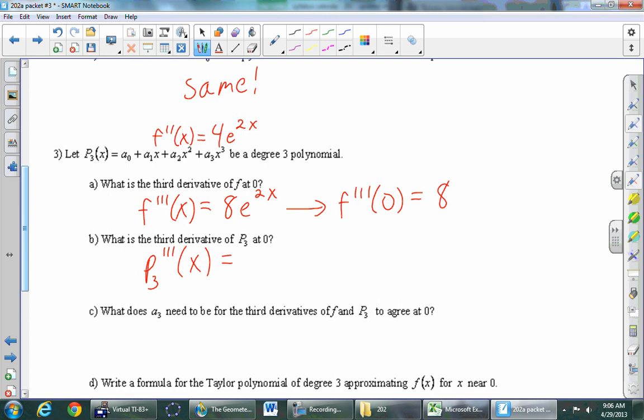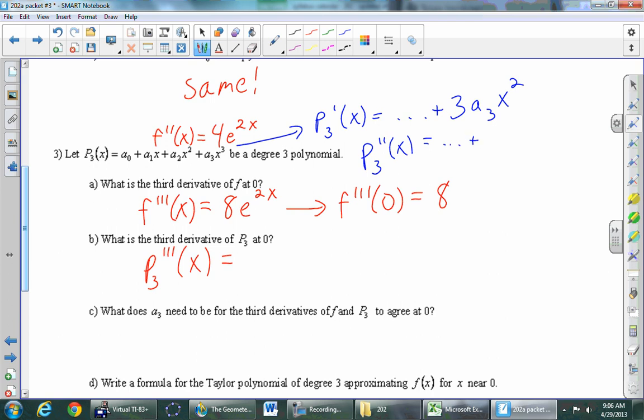Okay, so let's try this here. I'm going to write down the first derivative. It's going to be some stuff I don't care about. And then finally, what's the first derivative of the last term? 3a sub 3 x squared. Then the second derivative of that one, stuff we don't care about, 6a sub 3 x.